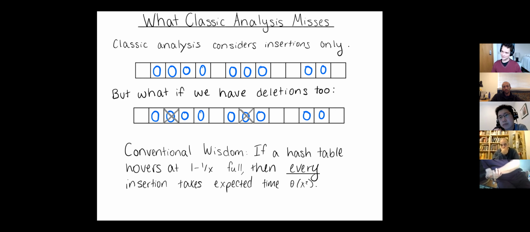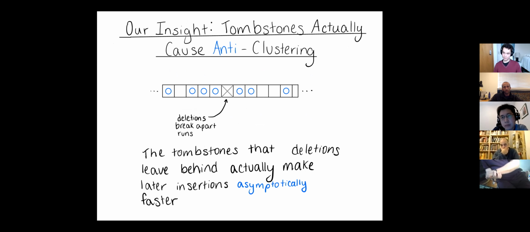At first glance, this may sound kind of pedantic, but I want to show you why this is actually an important point. It's because tombstones, it turns out, have this kind of anti-clustering effect. Insertions, you'll remember, have this tendency to glob runs together, while tombstones have the tendency to break them apart. From the perspective of future insertions, when I put a tombstone into a run, I've basically split that run in half, so that a future insertion can stop at this tombstone instead of going to the end of the run.